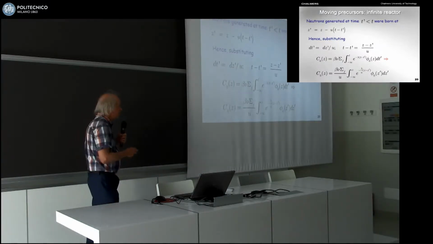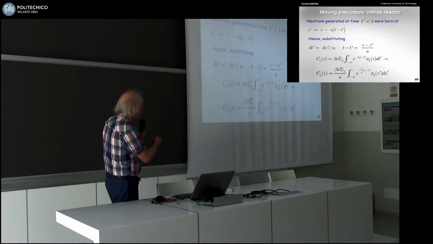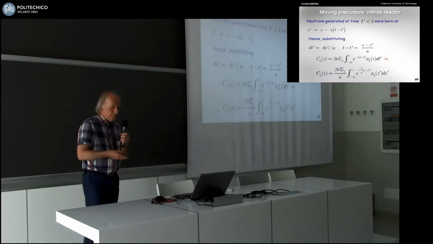So we just have to modify our integral, taking into account that the precursors which were born sometime earlier were born at a different point.